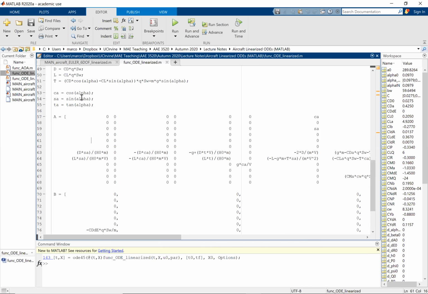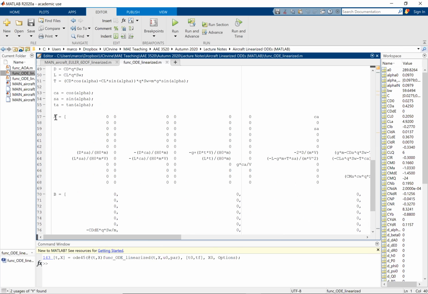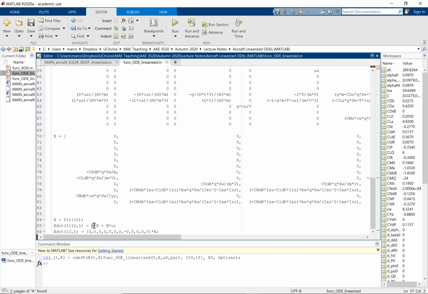So here, although I'm including the altitude in the state Y, the matrix A is still a 12 by 12, so I'm going to have the first 12 ordinary differential equations as we would expect for our perturbed system, AX plus BU, and then the last one, involving only the perturbation in terms of the altitude, is only a scalar equation, because this is a row vector, but X is a column vector of the same size.